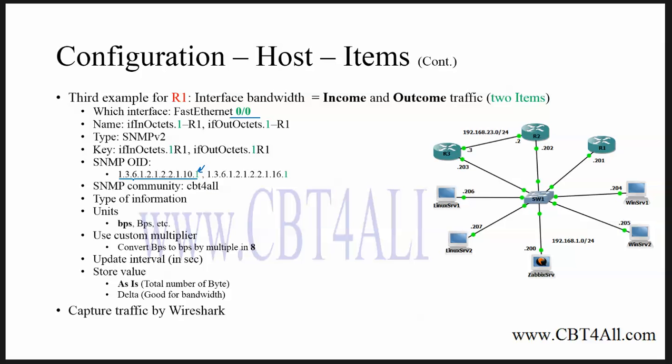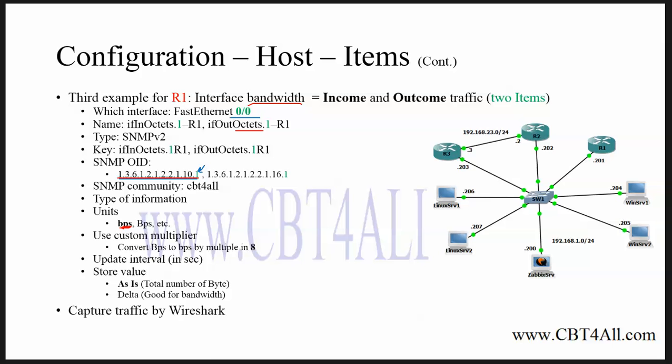Here, let's change the color again. Okay, here we are talking about the bandwidth. We want to monitor the bandwidth, but the value which SNMP gives us is in bytes. So this number only gives us the number of bytes, and we want to change it to bits.